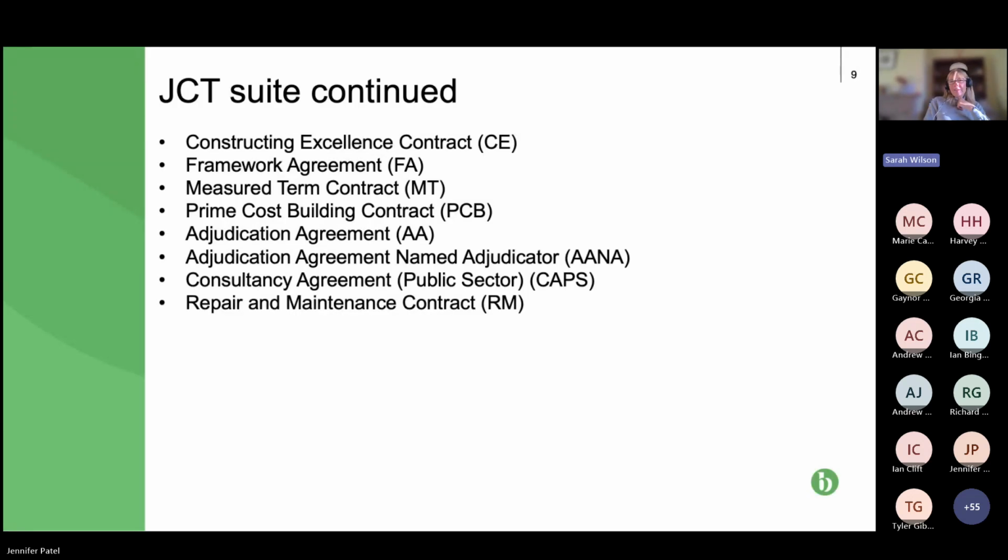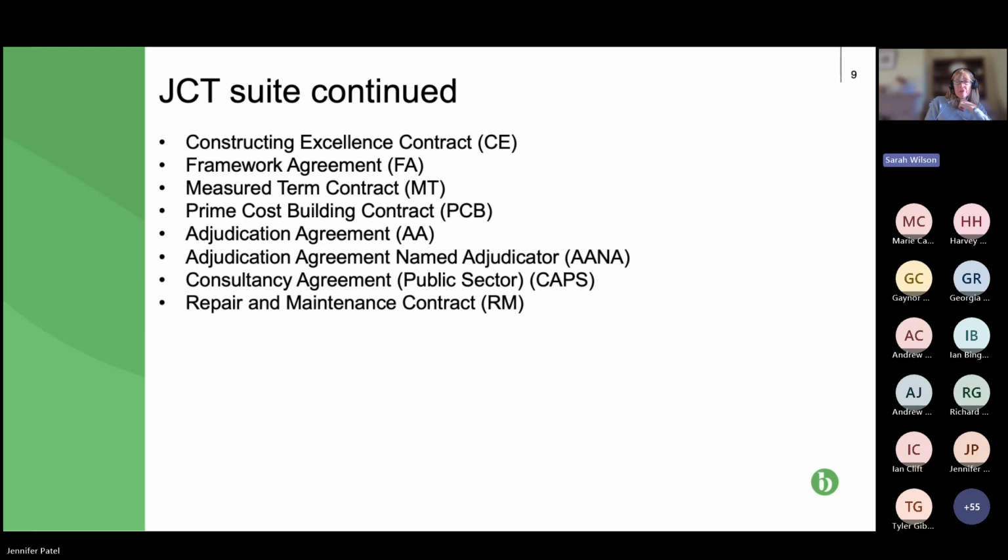So this is the final slide in the suite of JCT. Just a couple to pick out. We've got a framework agreement there in the second bullet point, in the same way as we have for NEC.